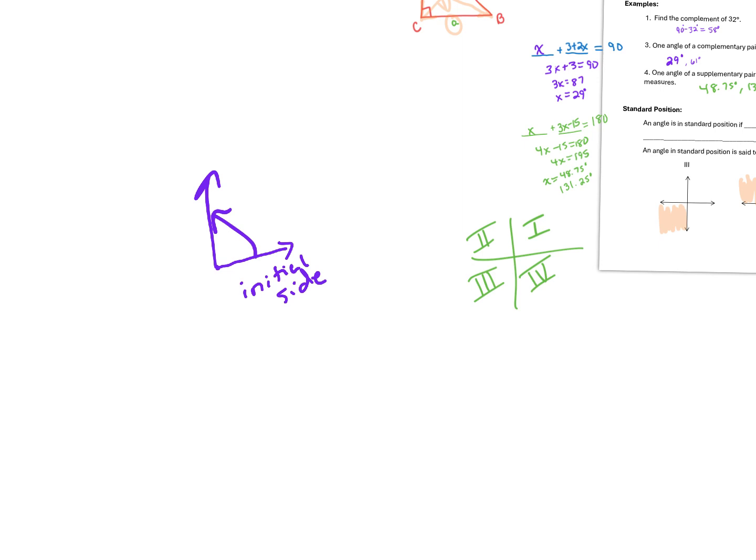Terminal means stop, right? So when we create an angle, we start at a position that's our initial side, and then we rotate, and wherever we stop is our terminal side.